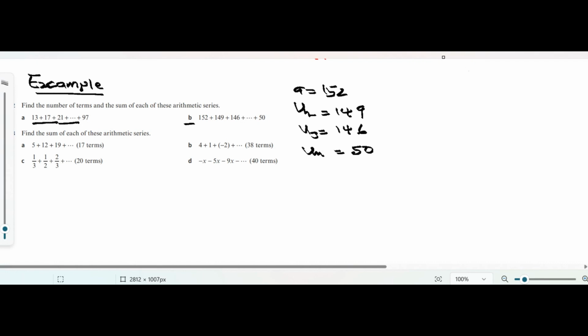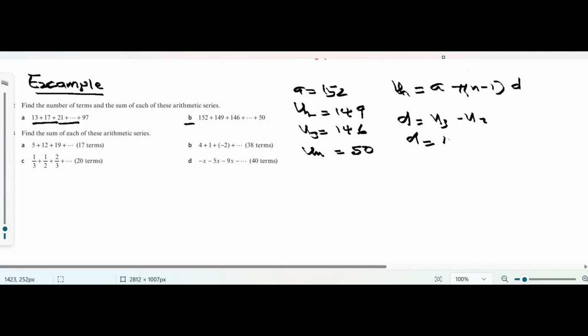If the last term is 50, then we can find the nth term by using the formula. Okay, what is the formula for the nth term of a sequence? This is equal to, yes, a plus n minus 1 d. So I need to know my d first. How will you get d? d is equal to U3 minus U2.